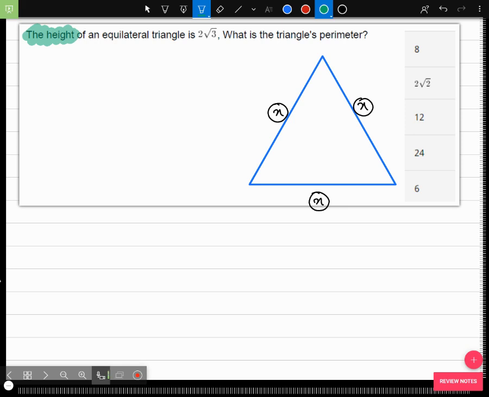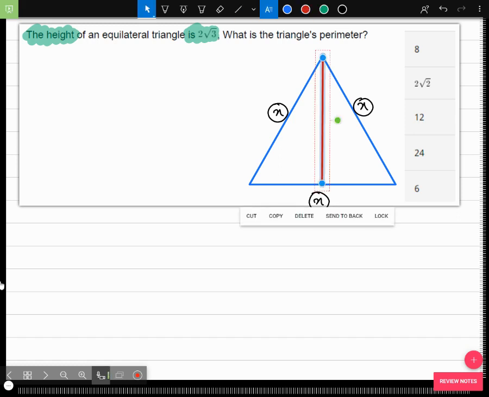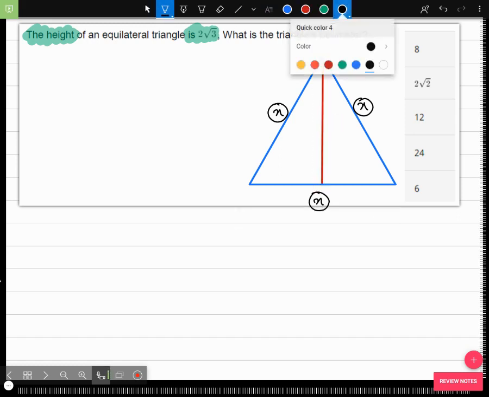But it is given that the height of the equilateral triangle is 2 root 3. So we know the height. Let me draw the height, which is 2 root 3. Please remember, height is always perpendicular.